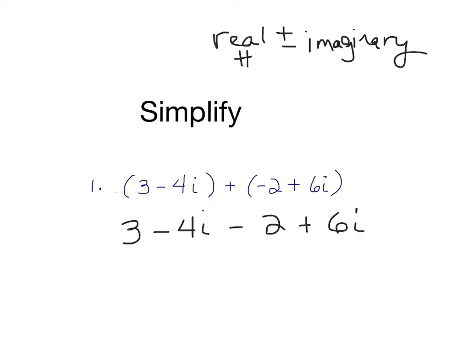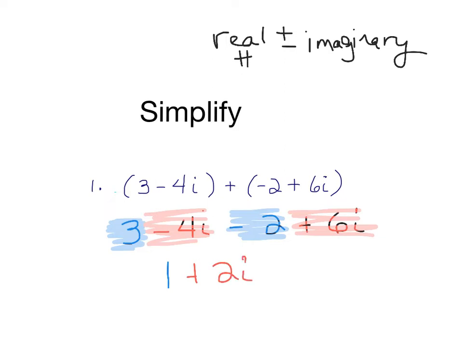I've got two real numbers that I can combine. 3 minus 2 gives me 1 for my real part. Then I add my imaginaries. Negative 4i plus 6i gives me plus 2i. And I'm done. You add the real and you add the imaginary. And this is a complex answer.